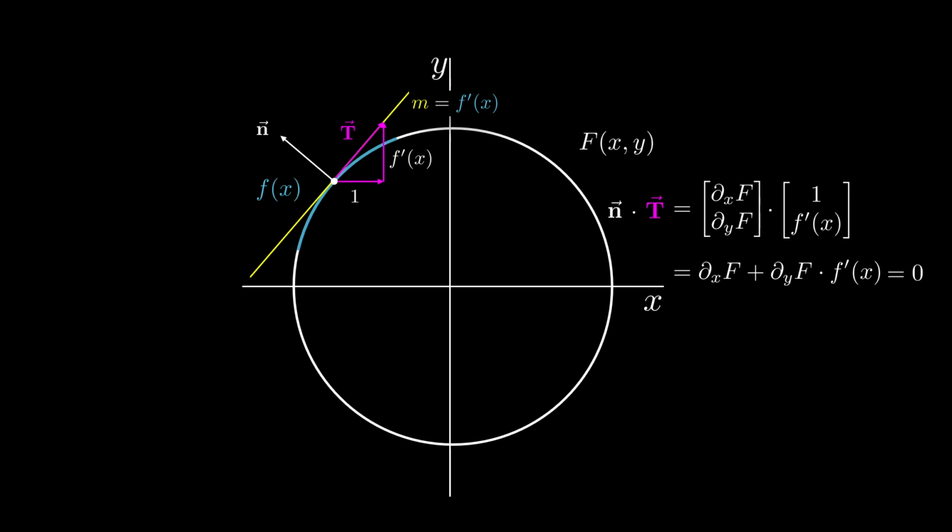So if this is 0, I can now isolate the derivative of x. So I find that f prime of x is equal to the negative of the partial derivative of big F with respect to x divided by the partial derivative of big F with respect to y. And if you want a mnemonic trick, here it is.